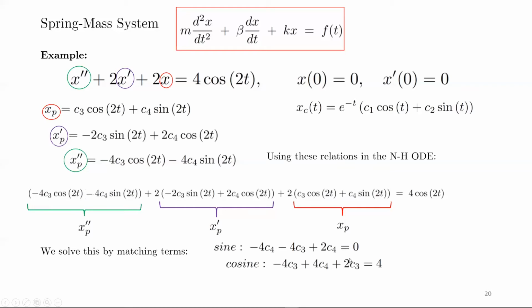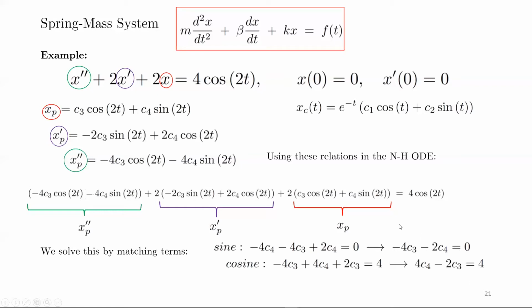On the right hand side we have 4 lots of cosine 2t, so the right hand side equals 4. So we have two equations for our two unknowns c3 and c4, and we can solve this system. Simplifying, we get negative 4c3 minus 2c4 for the first, and similarly 4c4 minus 2c3 equals 4.